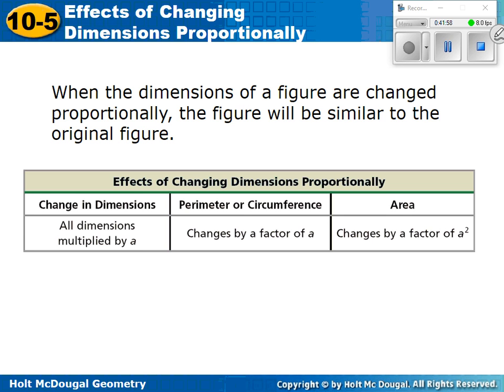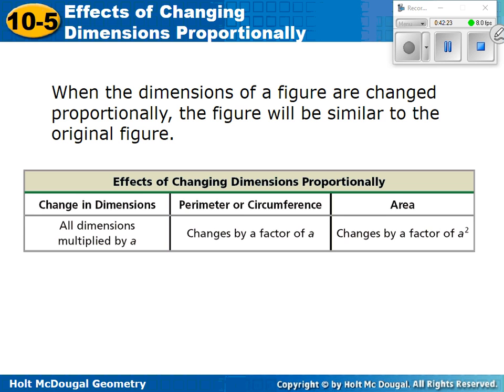All right, somebody tell me, what do you think happens to the perimeter here? Okay, Caleb said multiply by 3. Somebody else said multiply by 3. What do you think happens to the area? Gets multiplied by 9. What's the formula for area of a square? Side squared. So what is the only dimension on our square? The side. So are we changing all the dimensions when we change the side length? Yes, because it's the only dimension that it has.